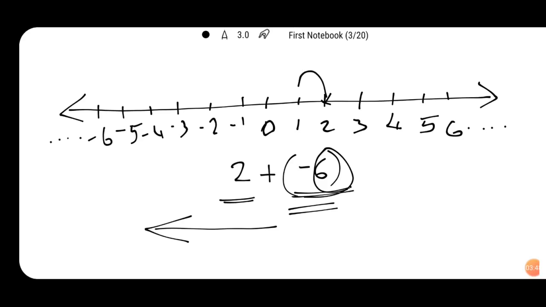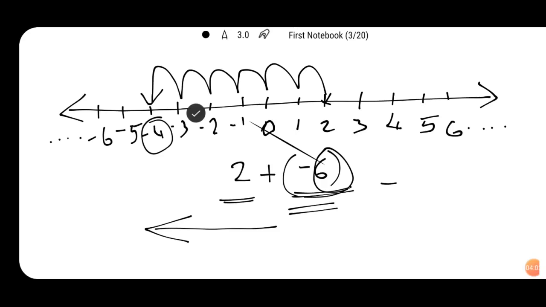So let's see. 1, 2, 3, 4, 5 and 6. Where have you reached? It is negative 4.